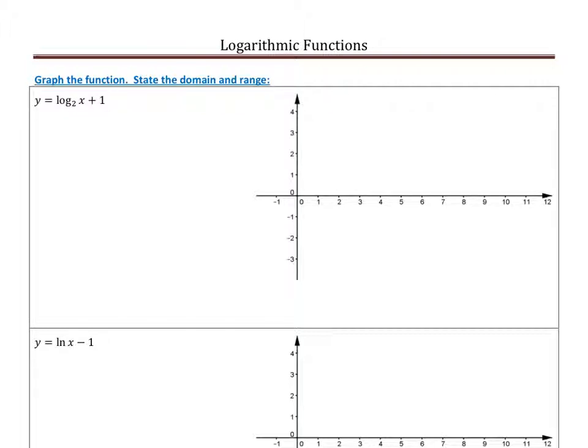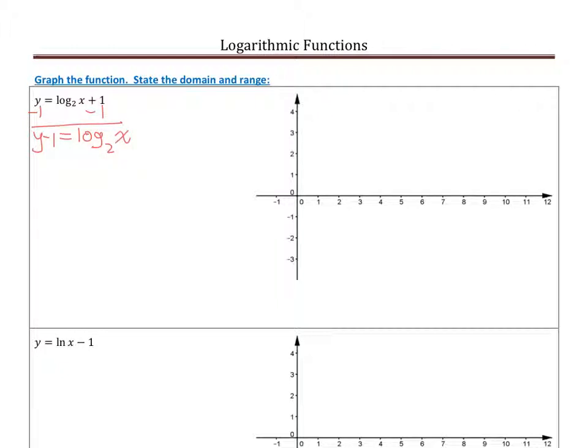Okay, so we have a function y equals log base 2 of x plus 1, and what we're going to do here is go ahead and get rid of this positive 1 here, and get that over here. So we've got y minus 1 equals the log base 2 of x.